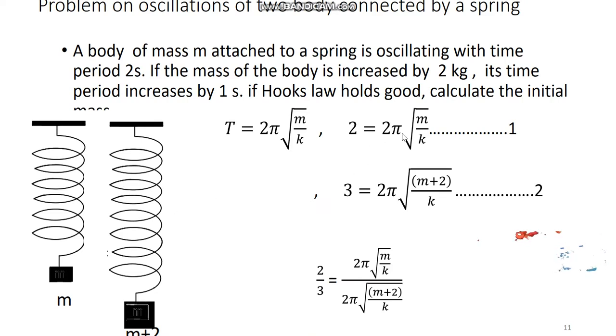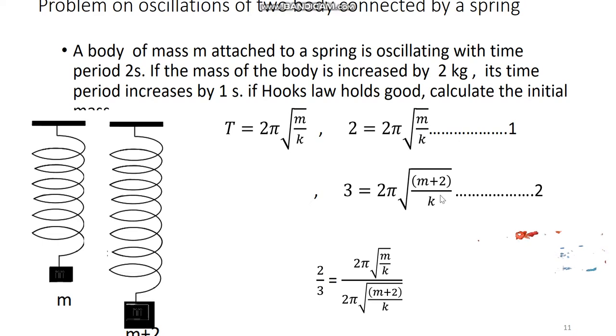So 2 equal to 2 pi square root of m by k, and for the second case the time period increases by 1 second, he says. So 2 plus 1 is 3. 3 equals 2 pi into square root of m plus 2 by k, since the time period increases by 1 second when the mass increases by 2 kg in the second case.